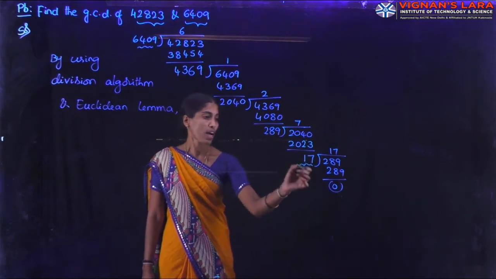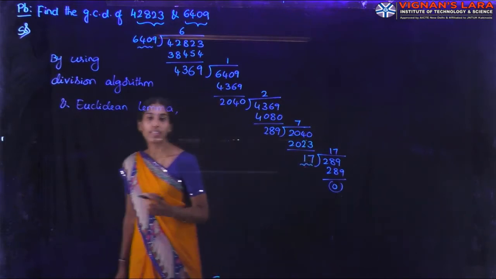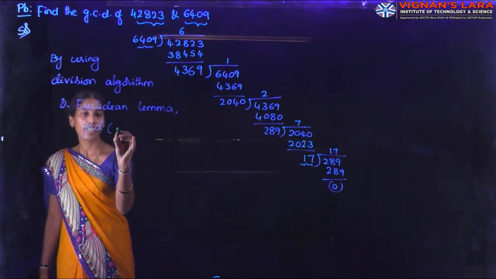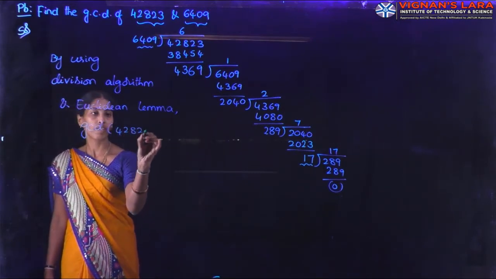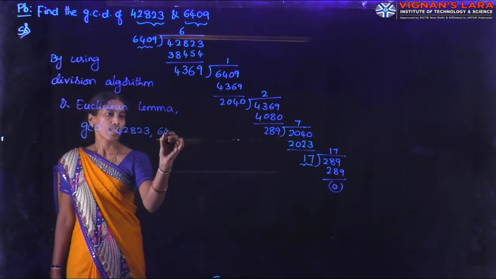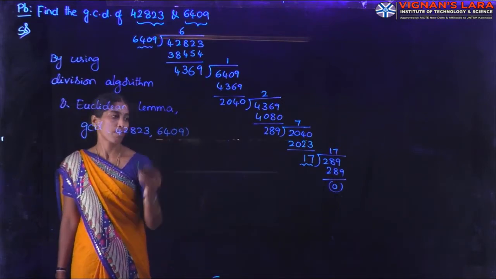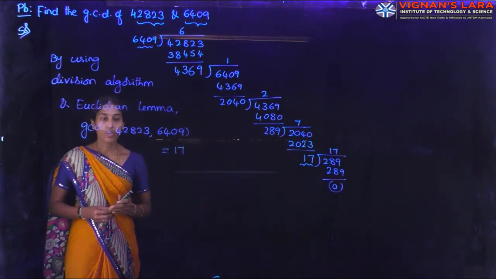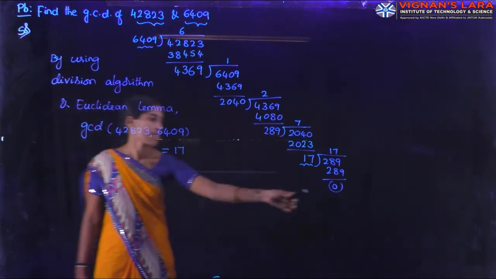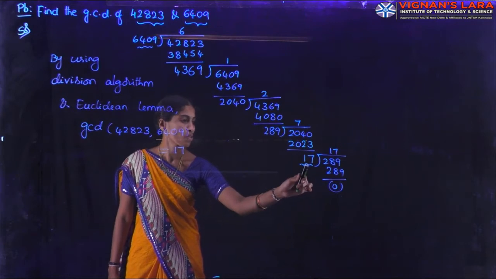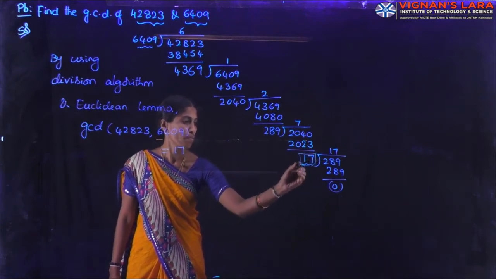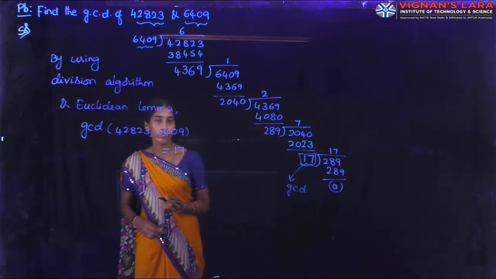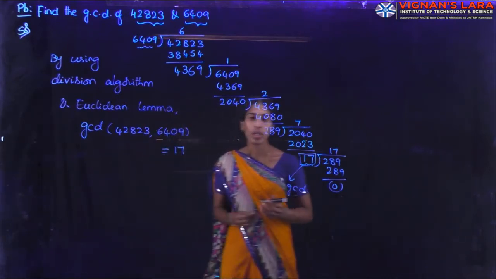So what is the last non-zero remainder? 17. So by using Euclidean lemma, we can say that GCD of 42,823 and 6,409 is equal to 17. Why? Because after this the remainder is zero, the last non-zero remainder 17 is the GCD of the given two numbers.